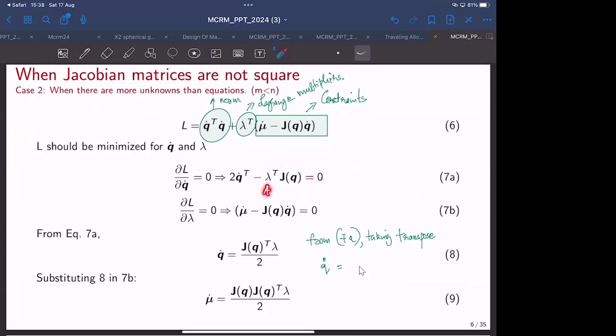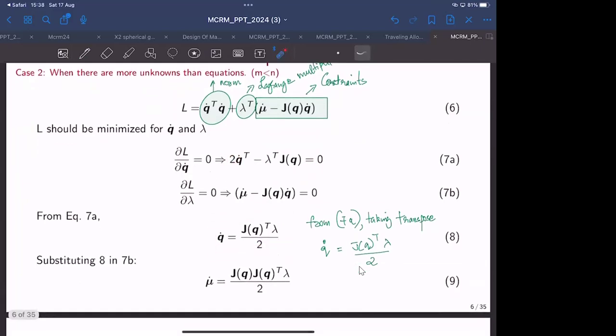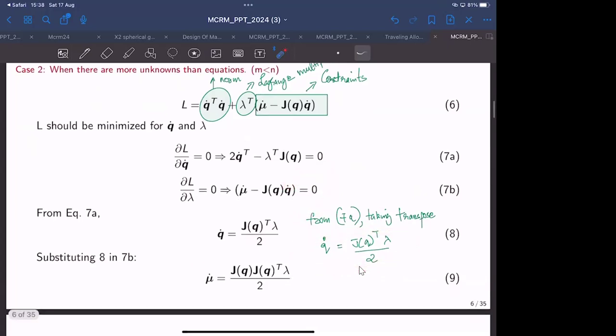That will be J transpose lambda, and there's also a division by 2, because there is a 2 here. So that is what we have over here in equation 8. And if I substitute equation 8 into equation 7b, instead of q dot, I'll get this equation.